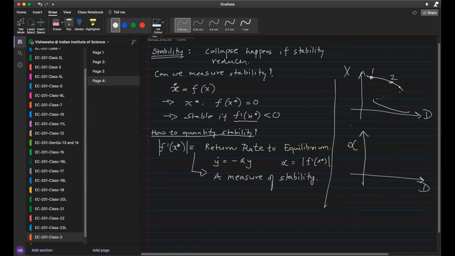Say 1, 2, 3. Which is more stable? 1, followed by 2, and followed by 3, right? So therefore, if you were to now plot alpha, how do you think this will look like as a function of d? Let's call this d2, up to d2, let us say. How do you think this will look like?